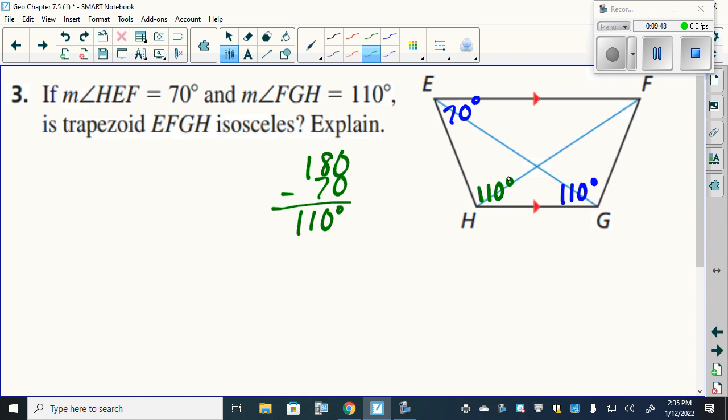But the next theorem, the isosceles trapezoid base angle converse, states if a trapezoid has a pair of congruent base angles, then it is an isosceles trapezoid. Were we able to just show that? So can we say this is isosceles? Yes. We do have enough information. So that means that our other angle is going to be 70.